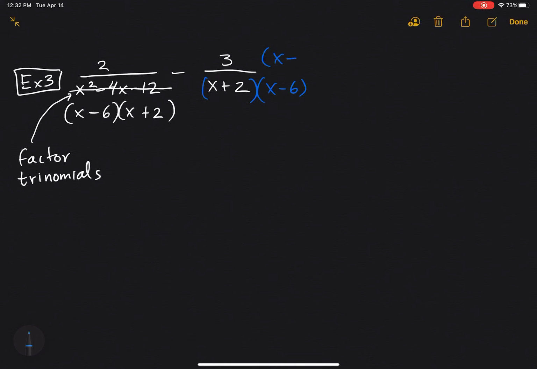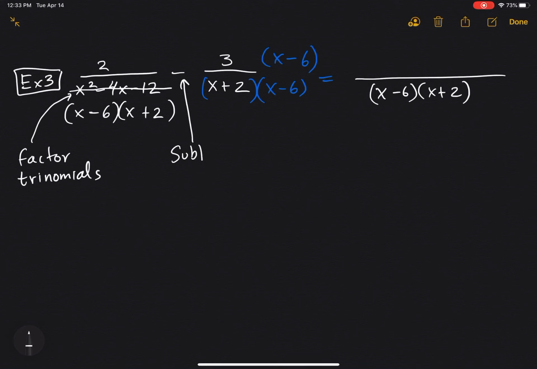And if we do that to the denominator, we have to do the same thing to the numerator. Okay, and once we get the same denominator, we just write it one time when we add or subtract. In this case, I'm going to write x minus 6 parentheses x plus 2. And we just go ahead and subtract. In this case, we're going to subtract the numerators.